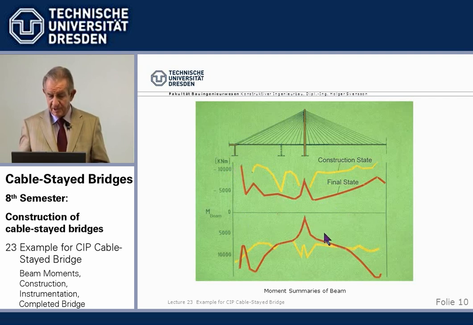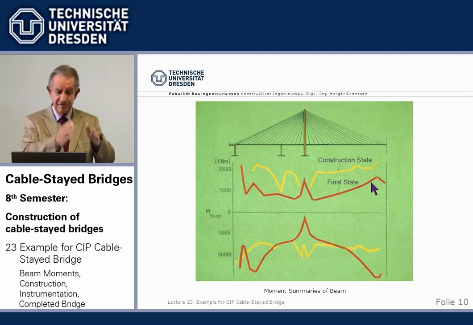We have the big positive moment at the center of the bridge. I showed you how to calculate these. About the same here in the quarter. And then we have a bearing here. The moments go down to 0. And these are the negative moments, indirect moments in the final stage. If a truck stands here, we get a negative moment inside.